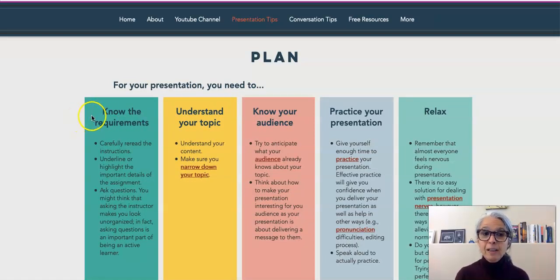Now, the first thing you want to do is to know the requirements of a presentation. Are you presenting because you need to provide information at your workplace? So it is important to have the instructions read carefully. So if it is a presentation for school, for a group of people, what are the requirements? What do you need to present?